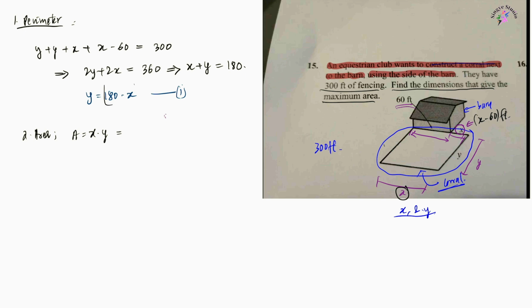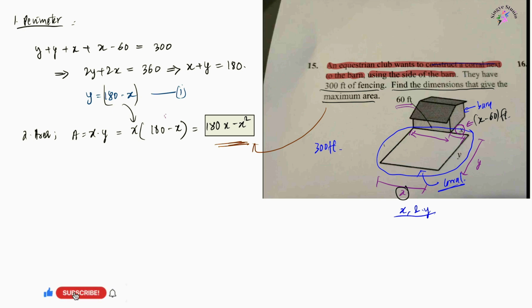So here we have x, substitute this, we get x times 180 minus x, which equals 180x minus x squared. So this is the area function. Now we have to use this function to optimize such that it will have the maximum area and minimum perimeter, and by finding this x value, which is the critical point of the function, we can substitute it in the second derivative to find out whether it has a maxima, minima or inflection point.